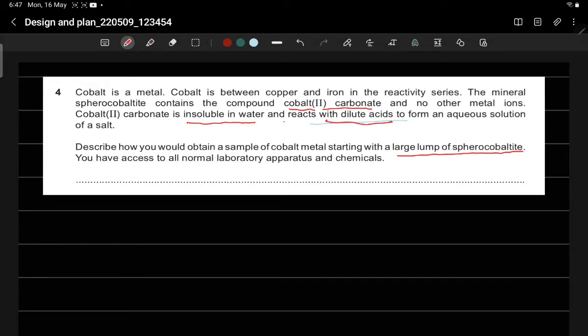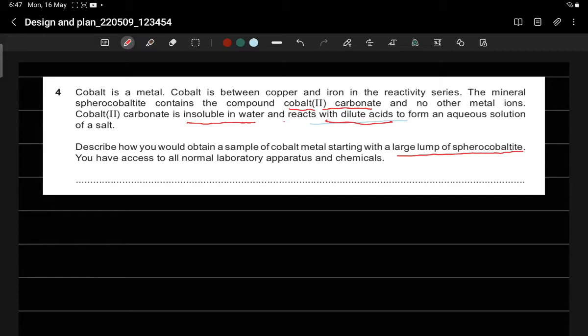So first, cobalt 2 carbonate can be reacted with dilute acids to form salts, water and carbon dioxide, and then we can use a metal more reactive than cobalt to displace cobalt from its aqueous solution.